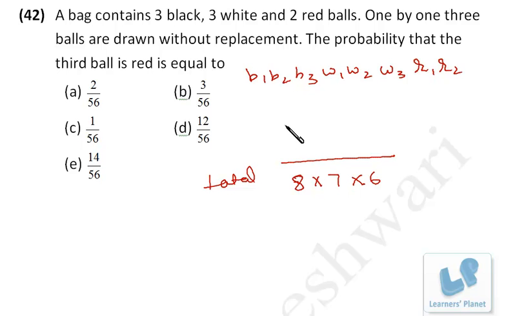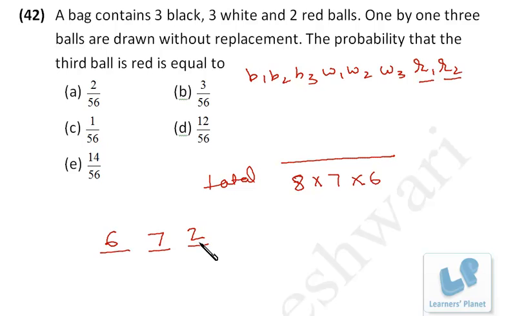So now, what are the favorable cases? In that we want the third place to be red. That means for the third place we just have two choices, that either red 1 should be there or red 2 should be there, right? So I just mark it over here. For the third place we have two choices and one we are keeping it over here, and for the second place we have 7 choices, and for the first place we have 6 choices, since we don't want the repetition, right?